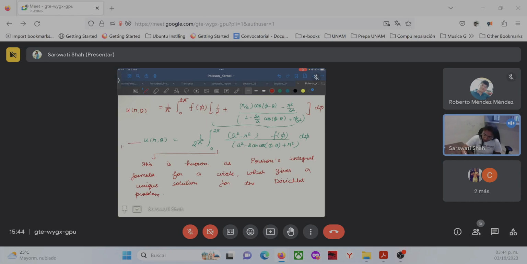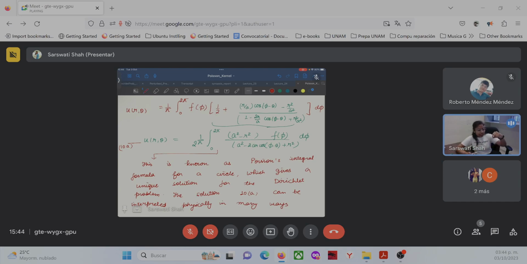Say this is equation number 10a. The solution 10a can be interpreted physically in many ways. Now we can interpret equation number 10a in many ways.